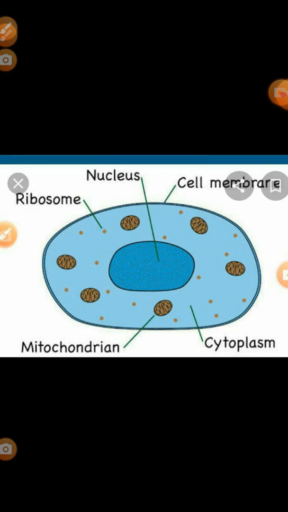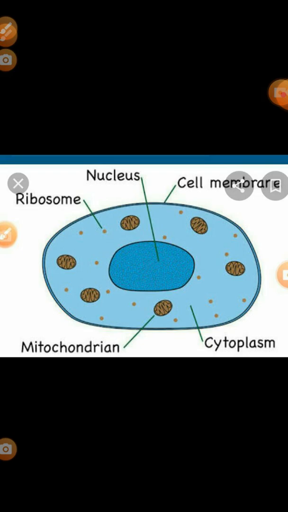Now we are discussing the structure of an animal cell. Some animal cells have the basic structure shown in the diagram, but they differ from plant cells because they have only a thin cell membrane.